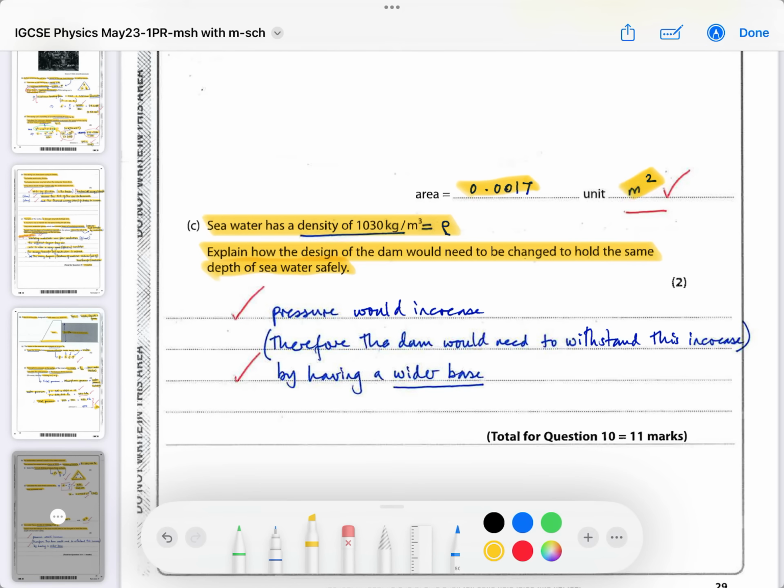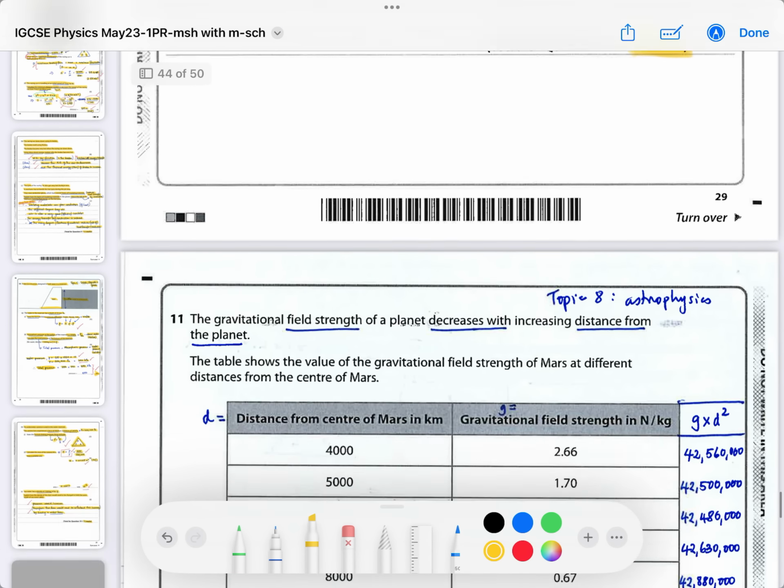Okay, well, if the pressure is going to be increased by roughly 3%, the pressure would increase due to the water by approximately 3%. 1030 is 3% more than 1000. Therefore, the dam would need to withstand this increase of 3% by having a wider base. Remember, the concrete at the bottom is what is withstanding the pressure, because pressure acts in all directions, and that gives you 11 marks.